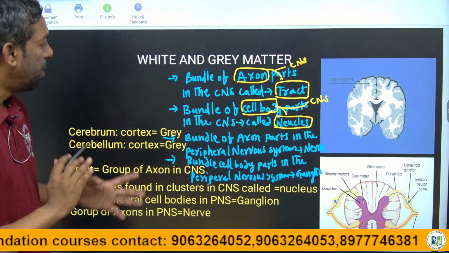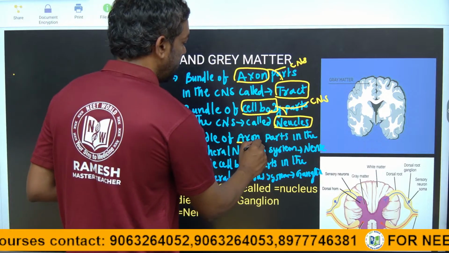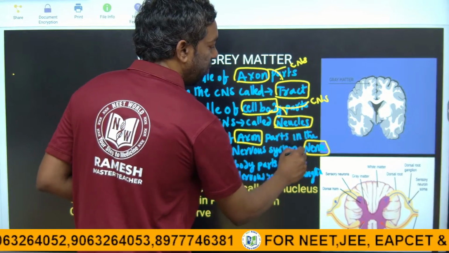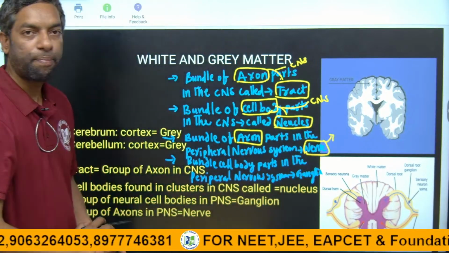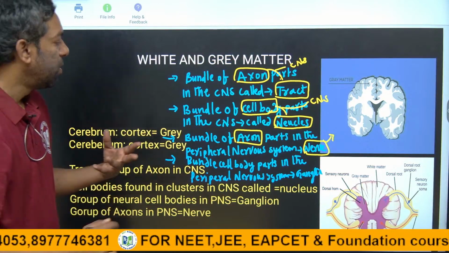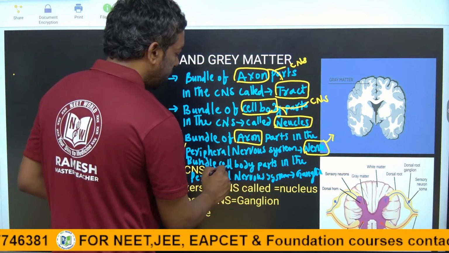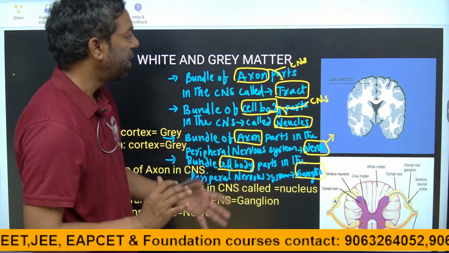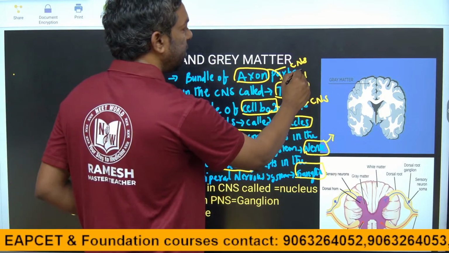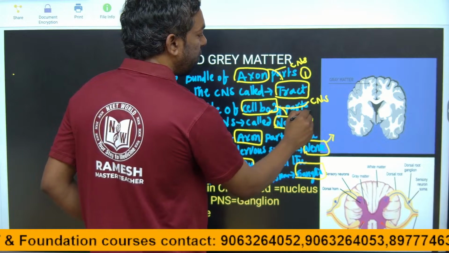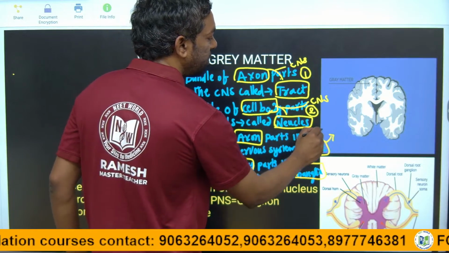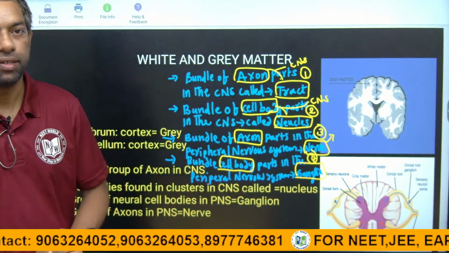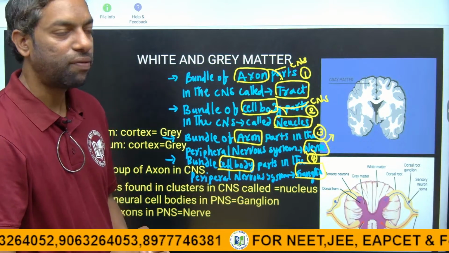A bundle of axon parts in the peripheral nervous system is called a nerve. A bundle of cell body parts in the peripheral nervous system is called ganglia. First one is tract, second is nucleus, third is nerve, and fourth is ganglia. These words are the most important for the exam.